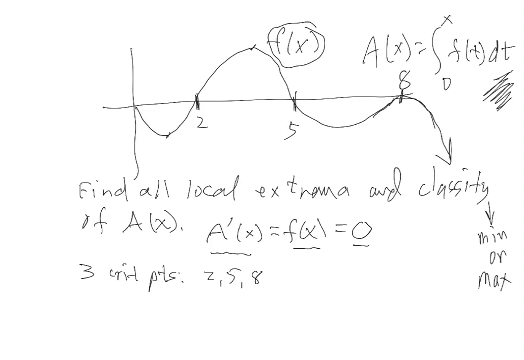So let me go to red here. Sorry, A prime, the derivative of A, is the function shown, and wherever it equals 0, we have a critical point. So we have one at 2, one at 5, and one at 8.